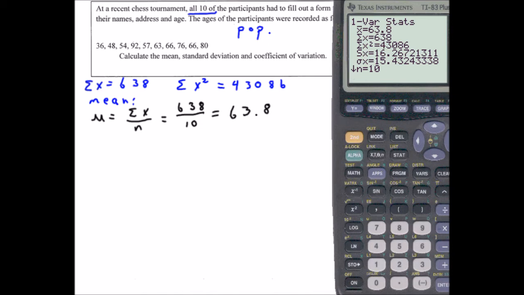For the standard deviation, notation for that, for the population, is sigma. Looks like a circle with a little tail.